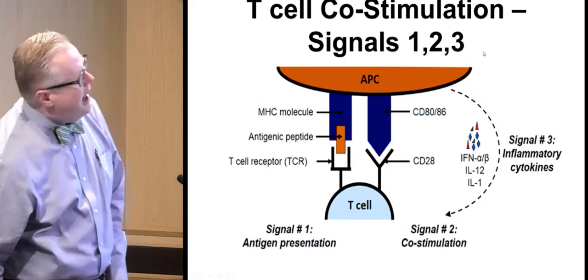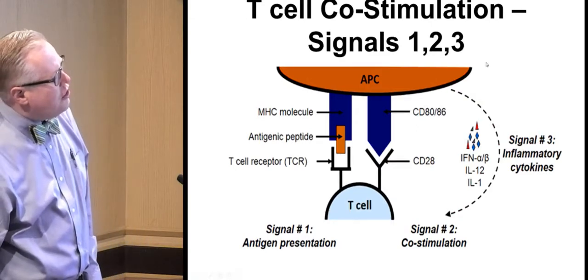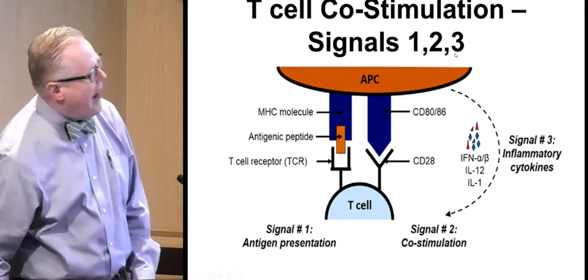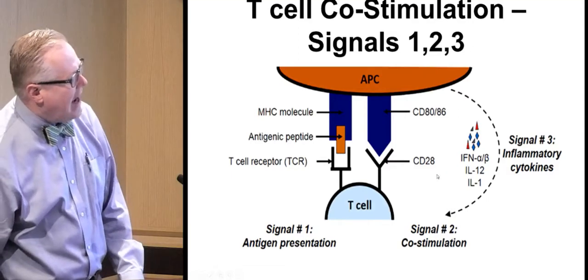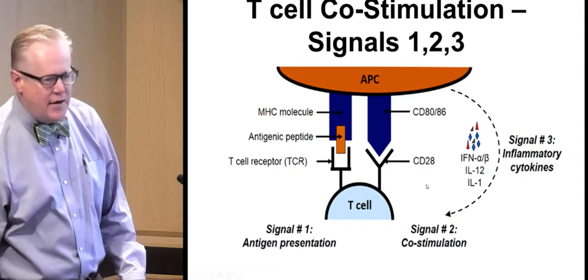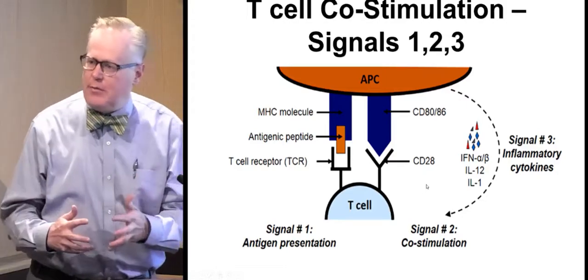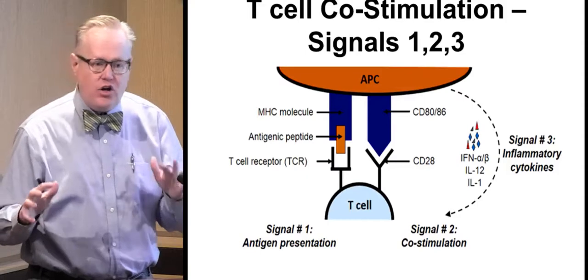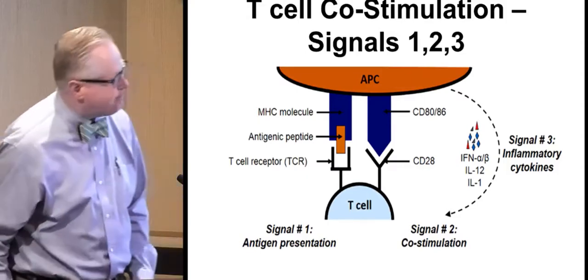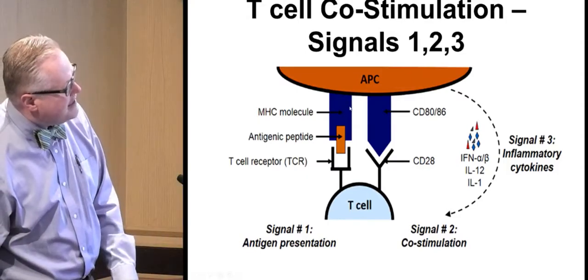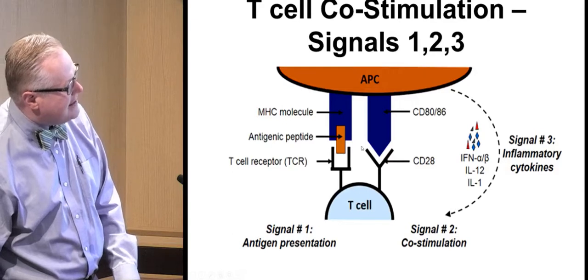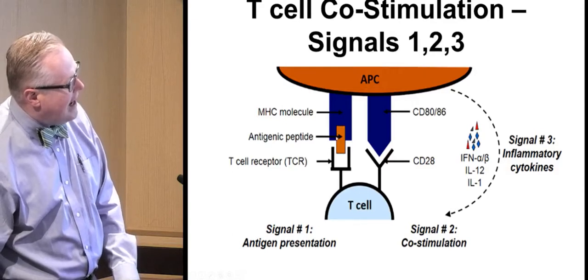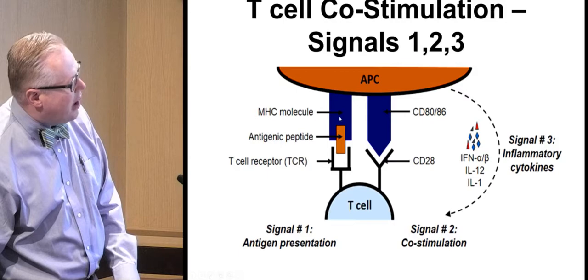And this is what CTLA-4 does. So under normal circumstances, antigen-presenting cells activate T cells, and they require a few signals to be able to do this, because you don't want your T cells just getting activated willy-nilly, or you develop severe autoimmune disease. And so the first signal that antigen-presenting cells provide to T cells is that they present antigen in the MHC molecules.